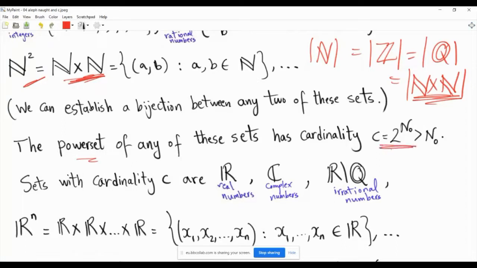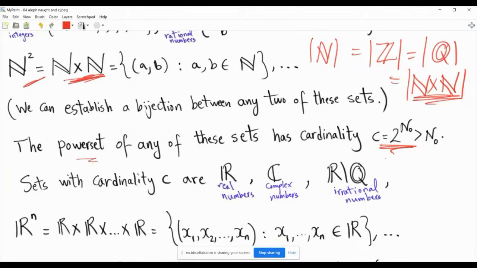Okay, so basically you can show, I will just mention this without proof, that the set of the real numbers is sort of the power set of the natural numbers. You can say something like this, without going into details.